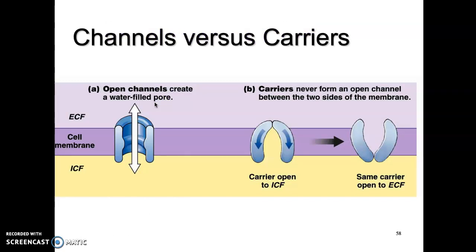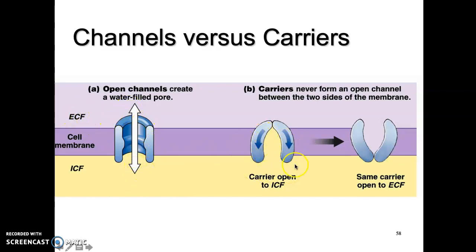We always draw these channels and carriers like a model. We're not showing you all the atoms that form this protein. Instead, we try and draw it in a way that's more understandable. So on the left, there's the open channel. It's going to create a water-filled pore. It's going to be able to allow things to go from the intracellular fluid here to the extracellular fluid or backwards.